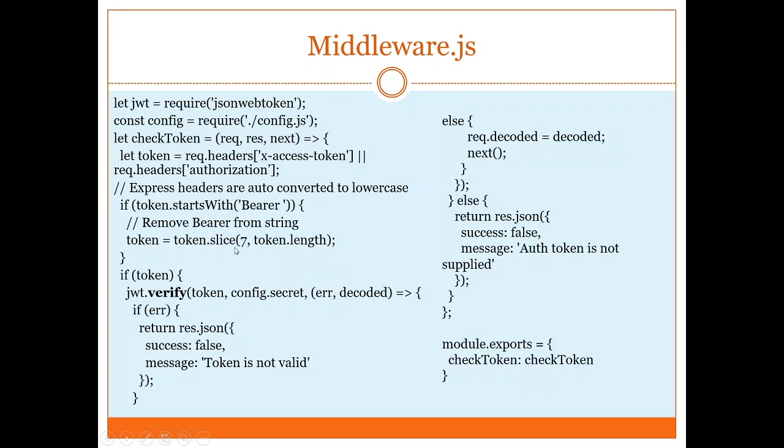How will we remove it? We will slice that string from 7 characters. So we have removed the bearer part. Now the token is our actual token, which will be verified. If we get this token, then what we will do is jwt dot verify, where jwt is basically our JSON Web Token library, dot verify.